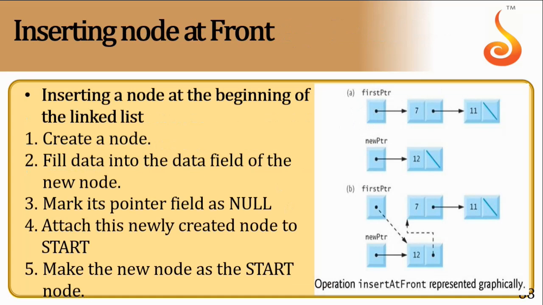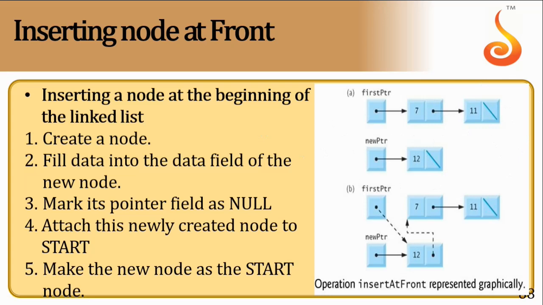Inserting a node at the beginning of the list, what I need to do, first I have created a new node. See here, I am creating a new node which is not there in the list. The list A has two nodes. One node has 7 stored in the information part. The other node has 11 stored in the information part.